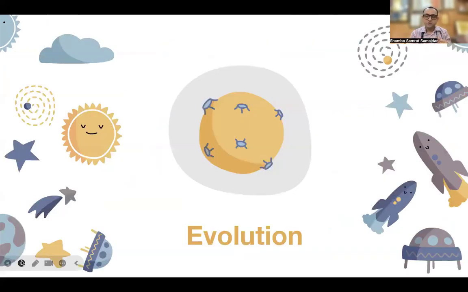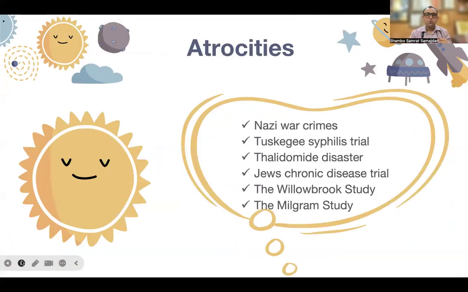Now, a little bit about history. Why is history important? Because we know with each stroke of the hammer on the patellar tendon, we'll have the knee-jerk response.